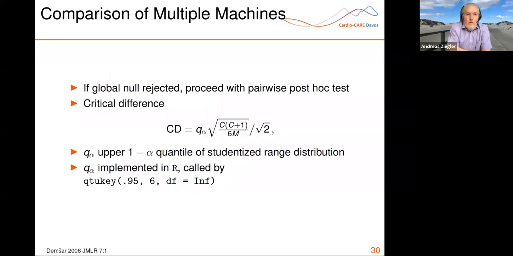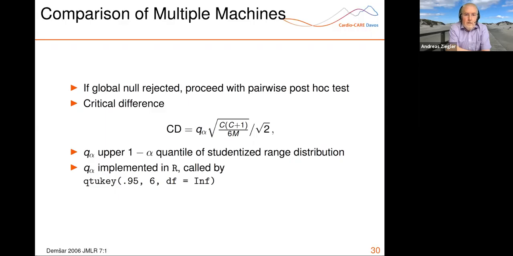So the global null hypothesis of this test is that, let's say, the performance of all machines is identical. But if the global null hypothesis is rejected, you can proceed with a pairwise post hoc test. There are several approaches available for this as well, but we use the Nemenyi type of this post hoc test. For this, we calculated the so-called critical difference using the studentized range distribution.